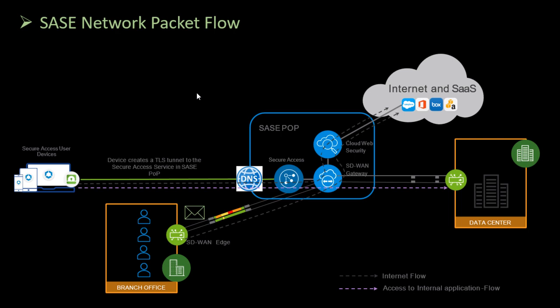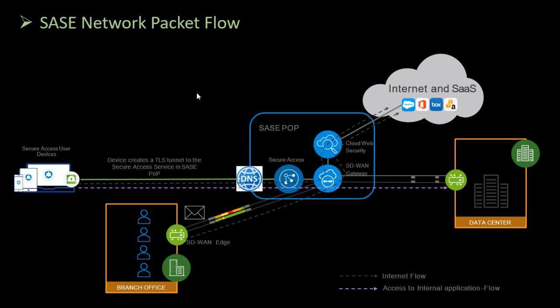And this SD-WAN gateway is also connected to your Velo edge in your data center, so that you can get access to your internal applications. And when you go over the internet and to your software as a service applications, your traffic is inspected by a cloud web security engine, right?